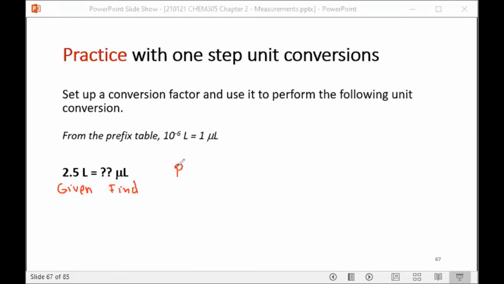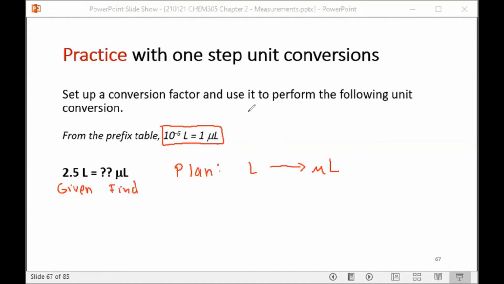I'll plan over here, actually. So I'm starting with liters, and I want to go to microliters. So this is going to be a conversion that involves the metric system prefix table. And from the prefix table, we get this conversion factor. So I want to use the conversion factor so that liters cancel out and only microliters are left.